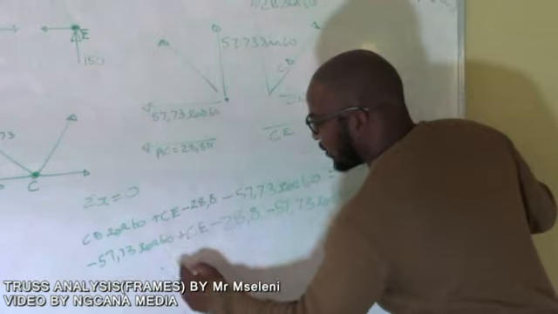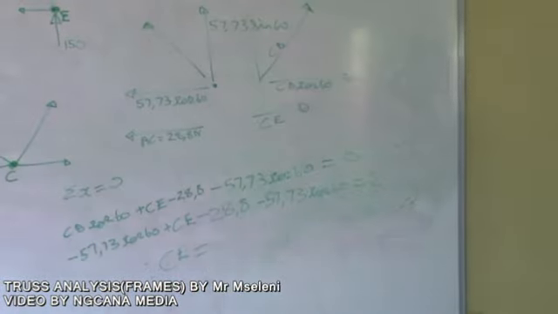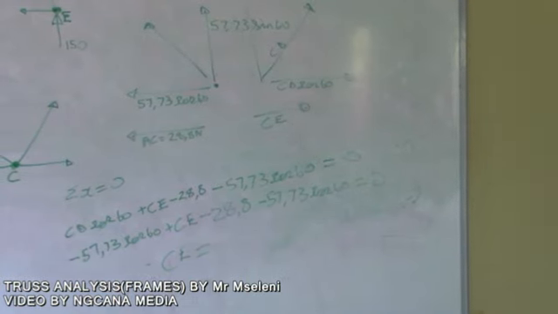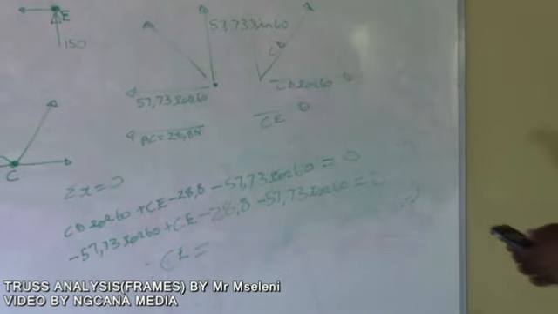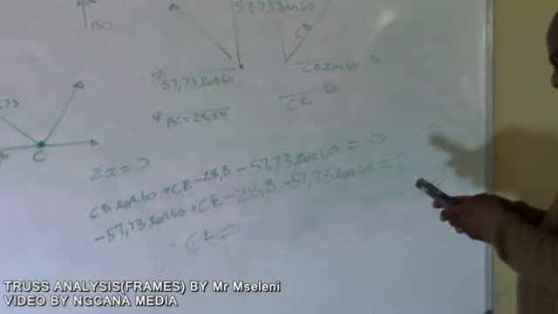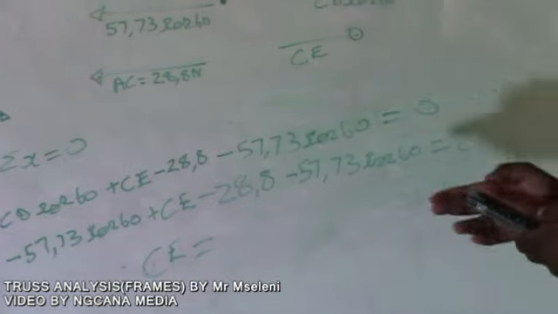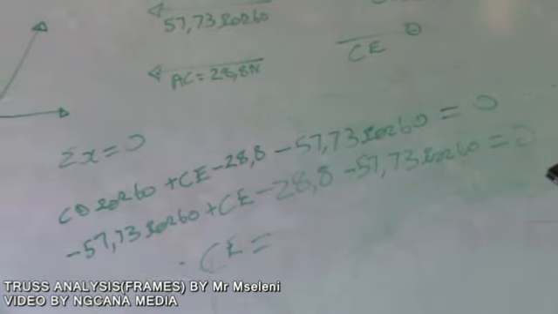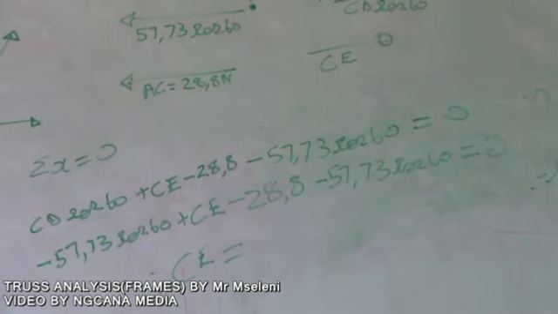Therefore, you punch it on the calculator, and you get your CE. So it's going to be negative 57.73 cos 60, and then minus 28.8, and then also minus 57.73 cos 60.